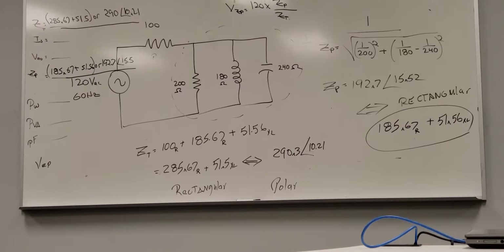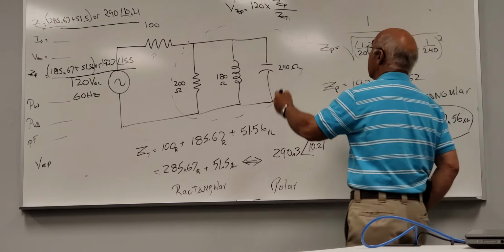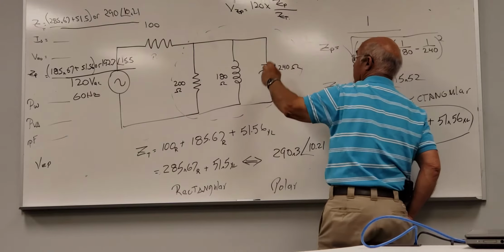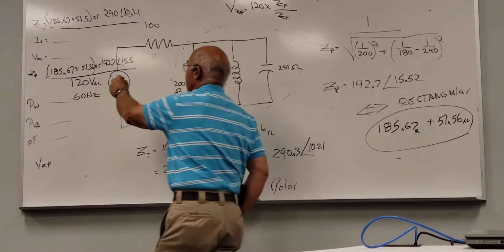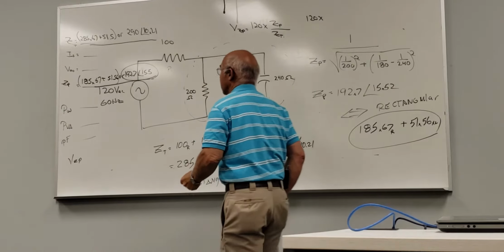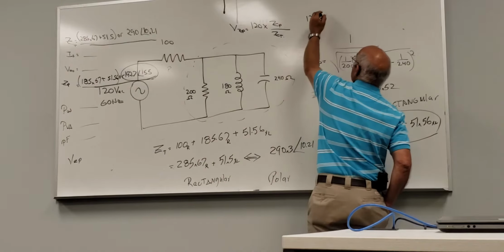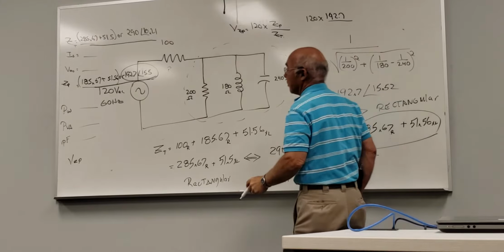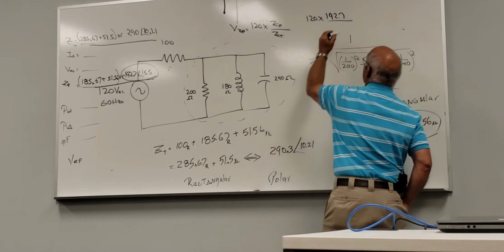So I'm just gonna substitute values for that. It could be 120 times the parallel part, 192.7, at an angle of 15.5.